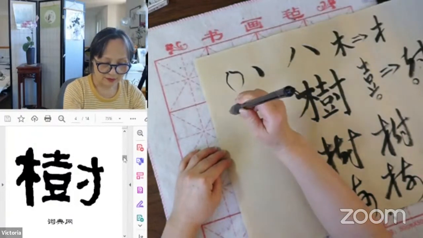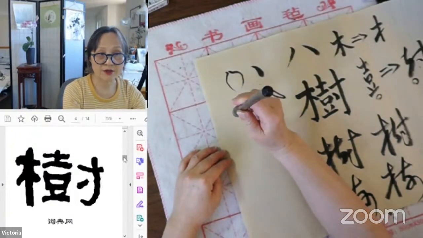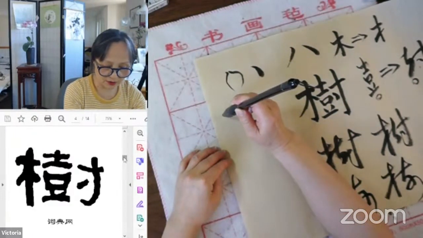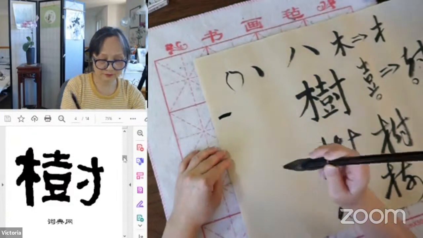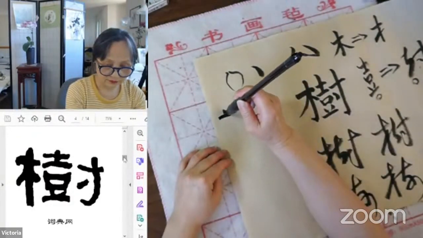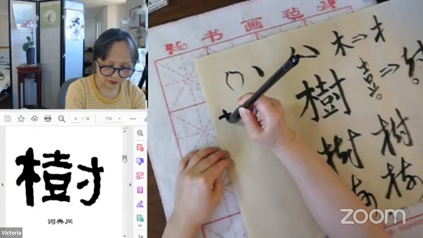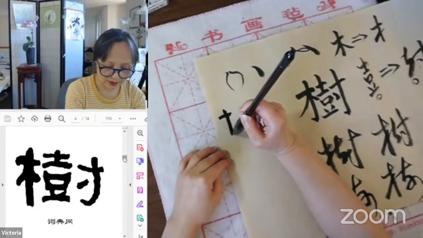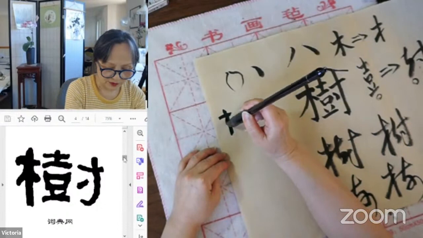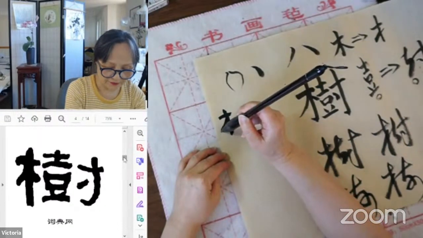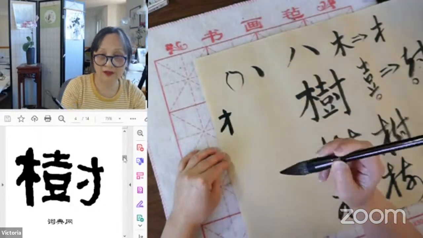So, I mean, keep your brush perpendicular and go slower, conceal the tip. Conceal the tip. Slant, but not lift that much, bounce back a little bit.